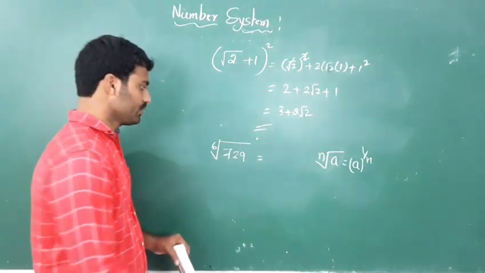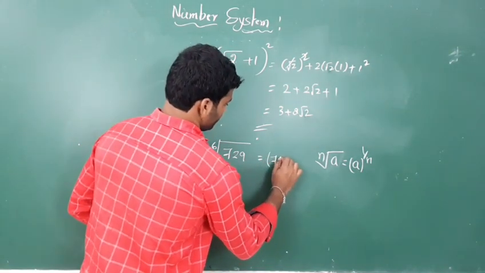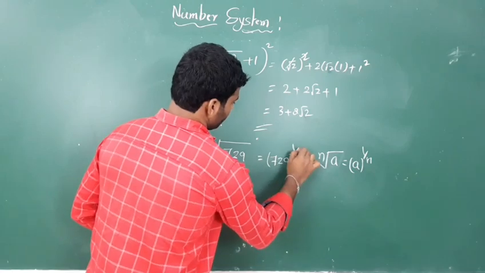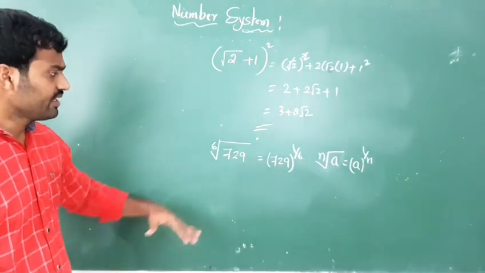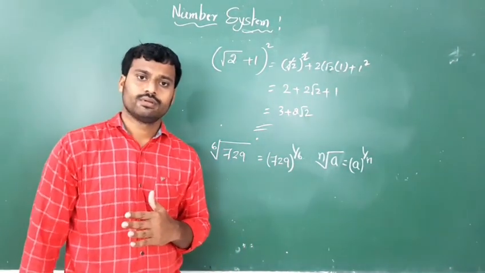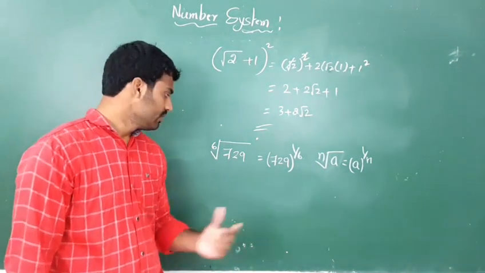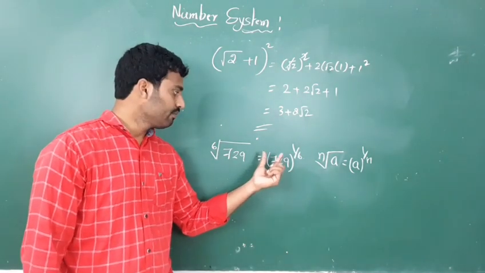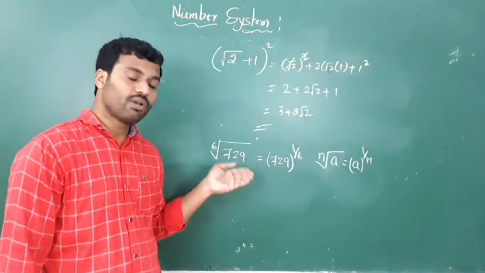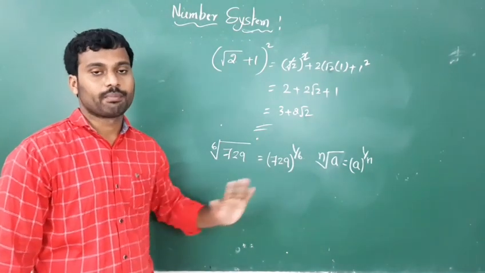So this you can write as 729 whole to the power of 1 by 6. So next, what you have to do? First, see, 729 is there. You have to find out whether it is a multiple of some number, like prime factorization.